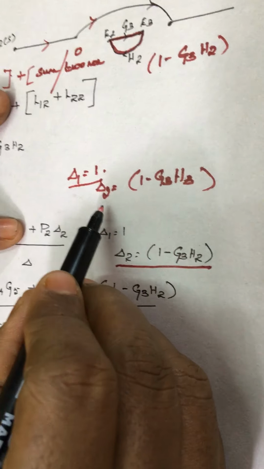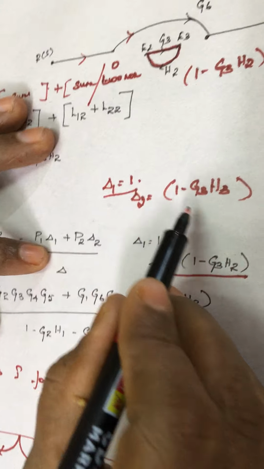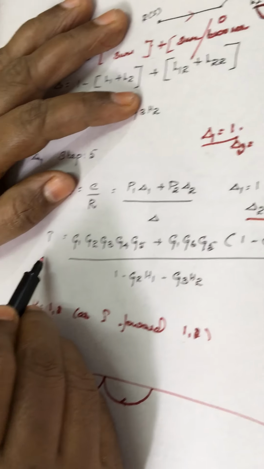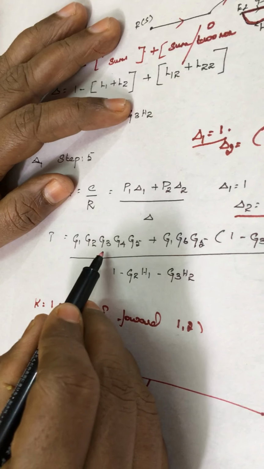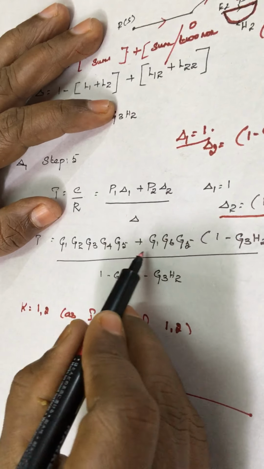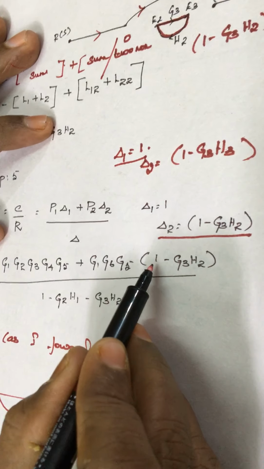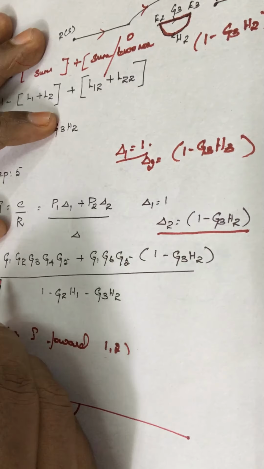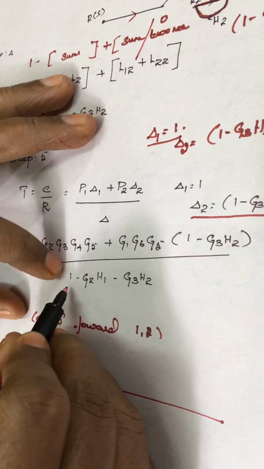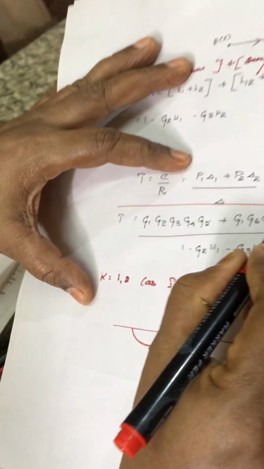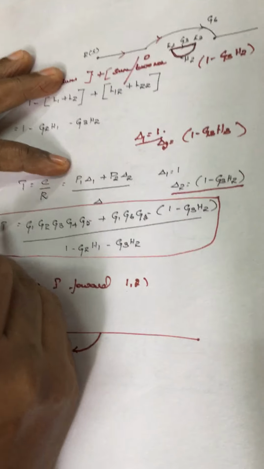So I write the L2 as 1 minus G3 H2, and the transfer function I obtain as G1 G2 G3 G4 G5 plus G1 G6 G5 into 1 minus G3 H2 divided by 1 minus the loop gains. This is the transfer function I obtained.